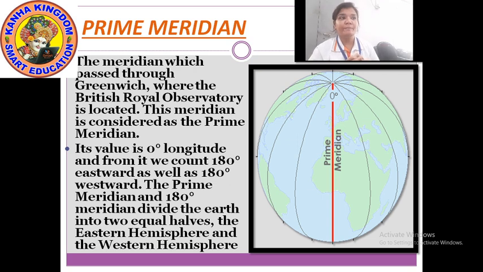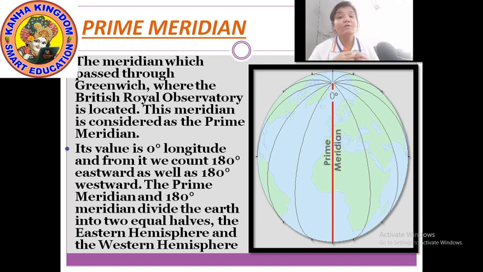Because this meridian passes through Greenwich. Where is Greenwich? Greenwich is in South London. Okay, and where is it located? It is located in the British Royal Observatory. And that's why, because it passes through Greenwich, it is known as the prime meridian.